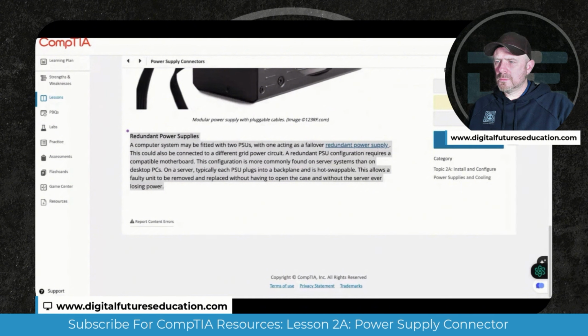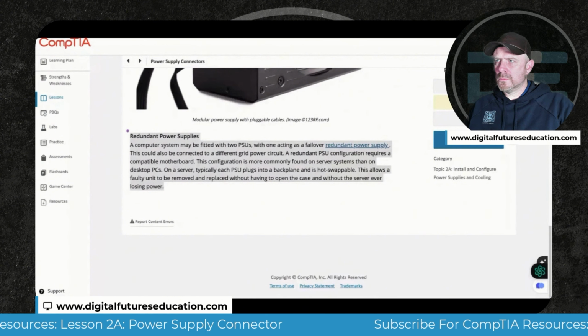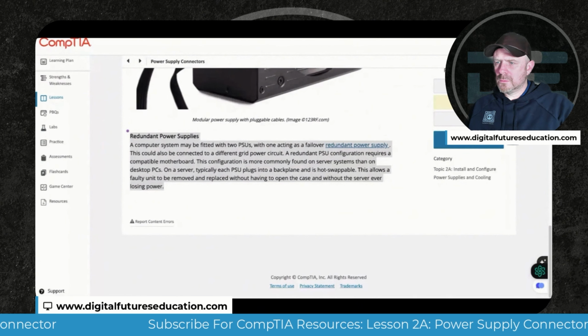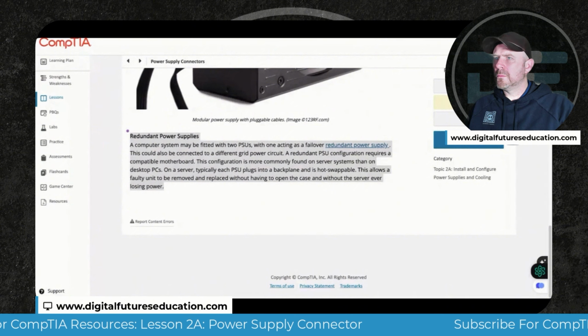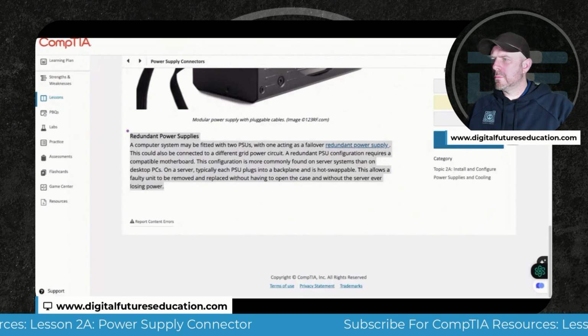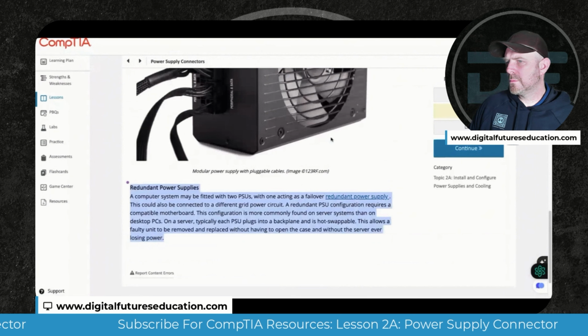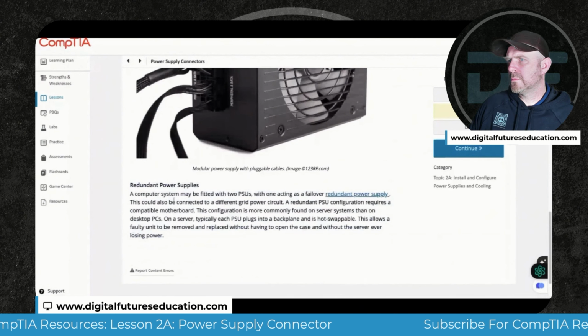The word I'm thinking of is 2 words, and the first word starts with the letter B. So when you have redundancy, you have a backup. And we're going to talk a little bit more about redundancy in this unit because it has a section on data backups. So redundant power supplies: a computer system may be fitted with 2 PSUs, one acting as a failover.